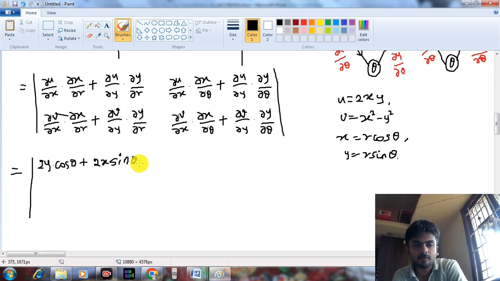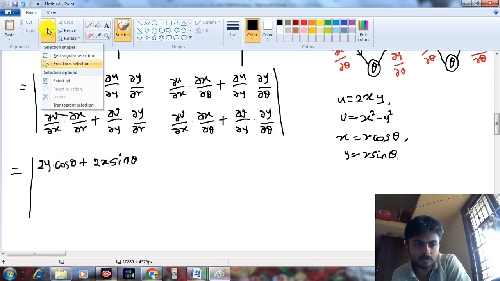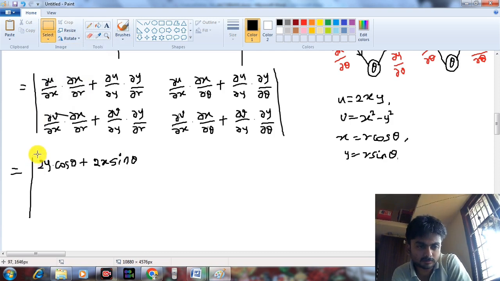Okay, then ∂y/∂x is common, so we shall copy this, 2y cos theta.